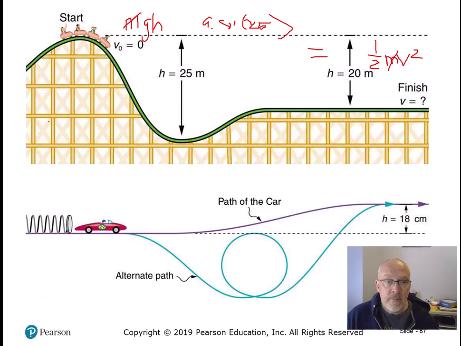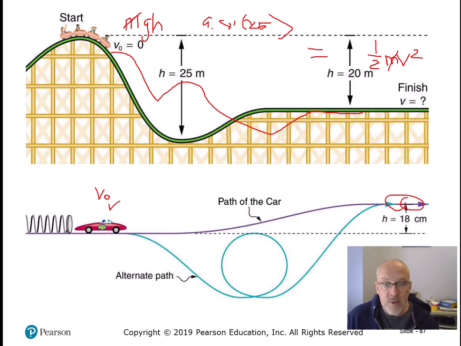Now we know that this path really doesn't matter. We could take a different path and still end up here, and that's what we see here. Here's a toy car. A spring launches the car with some initial velocity, which is not 0, but the car still ends up here.